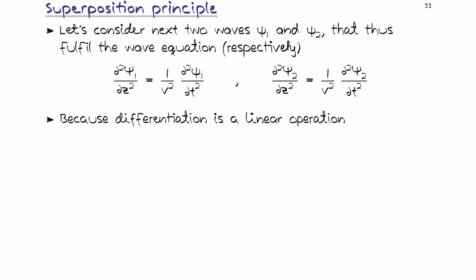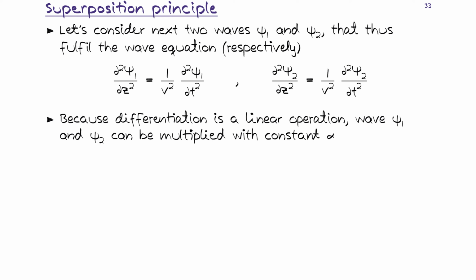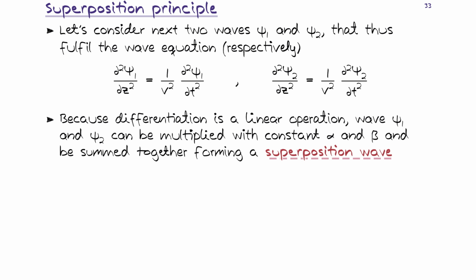And because differentiation is a linear operation, we can multiply psi1 and psi2 with constant factors, alpha and beta, and we can still form a superposition wave.